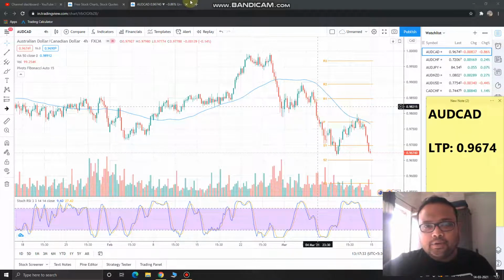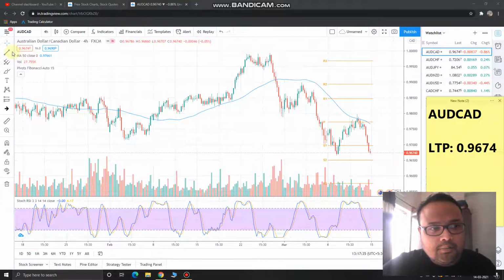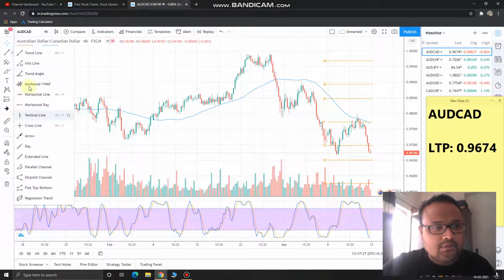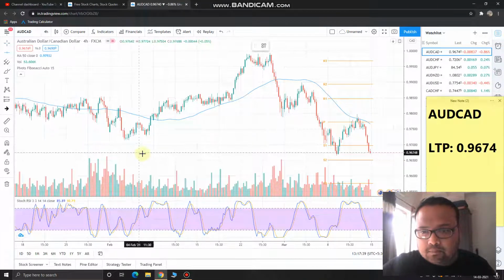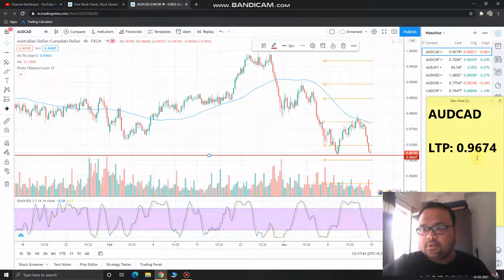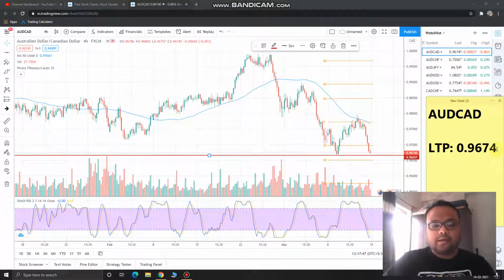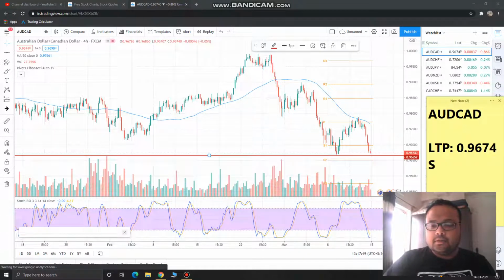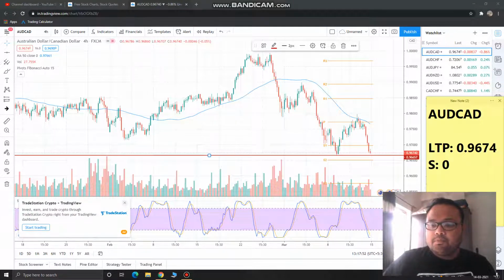So we can see that market has got good support at this range. 0.9665, this is the main support for market. Let me write support at 0.9665.